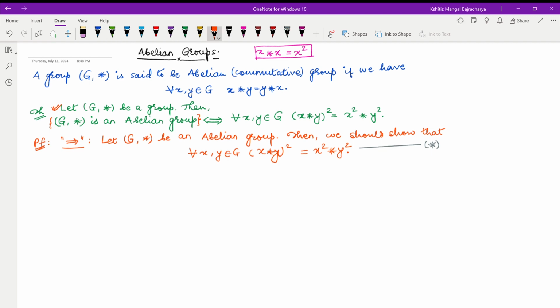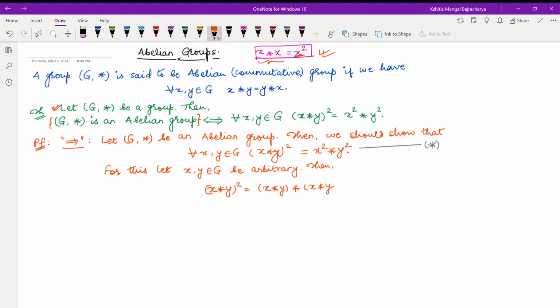For this, let x, y belonging to G be arbitrary. Then (x star y) squared is equal to, according to this notation, x star y star x star y.